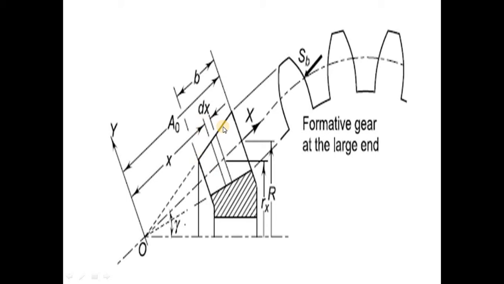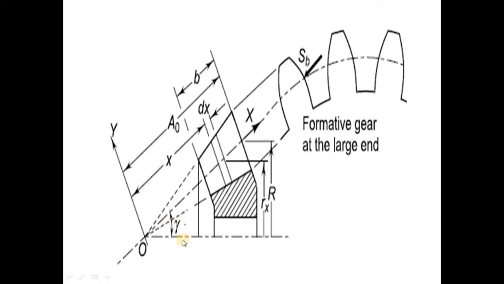Before going to that ratio, first note down or remember these points. b is the face width, dx is the element size, and B is the total face width of that bevel gear. A is the cone distance, and x is the distance from the apex to that element. Gamma is the pitch angle.